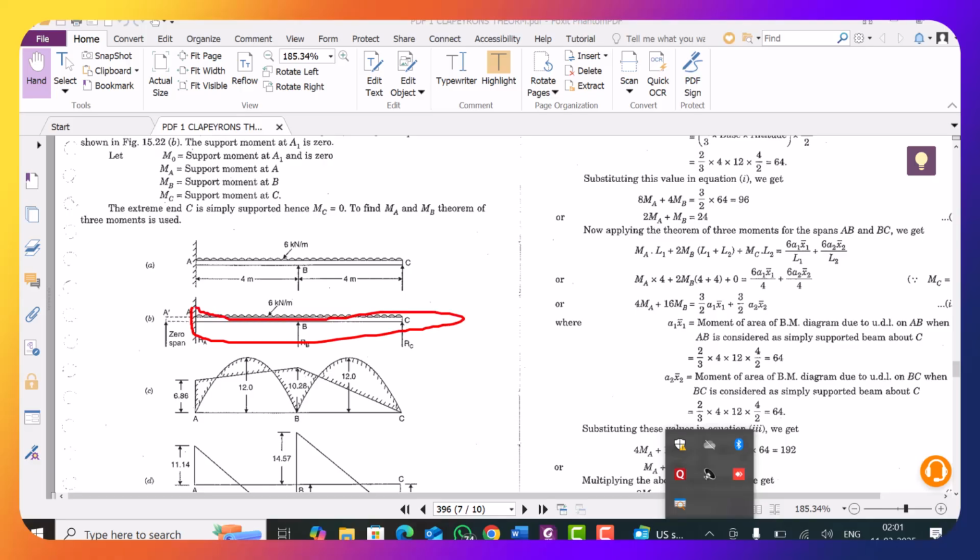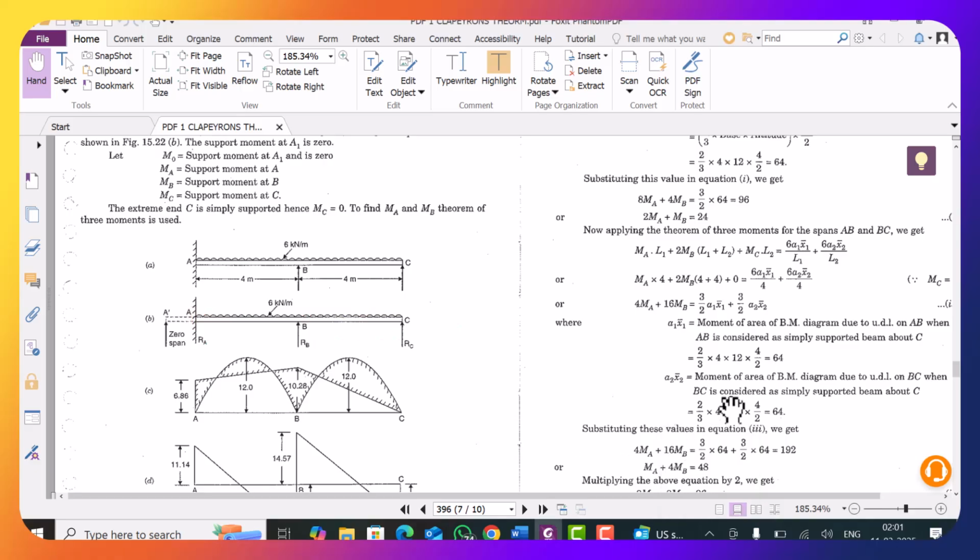So for ABC, you have to apply the equation MA into L1 plus 2 times MB (L1 plus L2) plus MC into L2 equal to 6 A1 x1 upon L1. Now note here, A1 x1 upon L1.